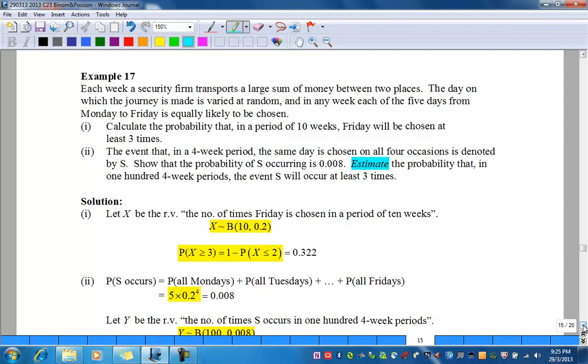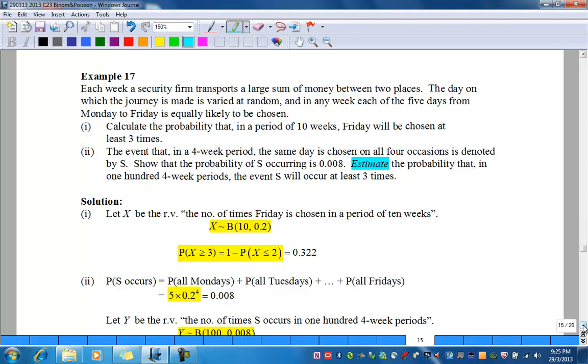Example 17. Each week a security firm transports a large sum of money between 2 places. The day on which the journey is made is varied at random, and in any week each of the 5 days from Monday to Friday is equally likely to be chosen. Part 1. Calculate the probability that in a period of 10 weeks, Friday will be chosen at least 3 times.